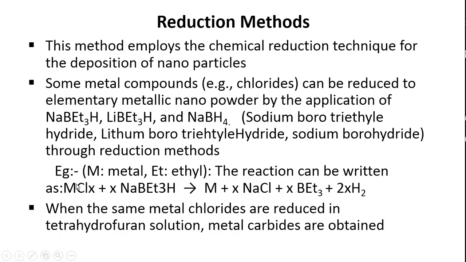Okay. Now, an example, metal and ethyl. M stands for metal, Et stands for ethyl. The reaction can be written as MClx, metal chloride, where x can be 3, 2 like that, plus x NaBEt3H. BEt3H is what we have seen here, sodium borate triethyl hydride.